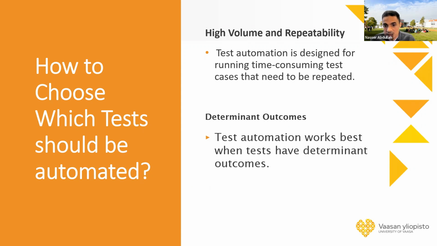That is related to the user's reaction to your software, so this is difficult to automate. So the second type of modules that is better to automate is those with determinate outcomes. Test automation works best when the tests have determinate outcomes.